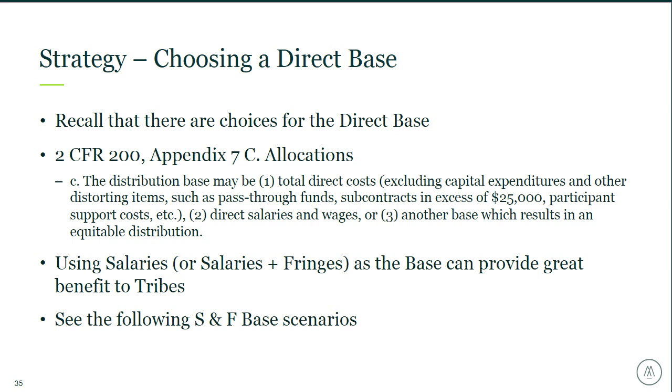But not counting the pandemic, typically salary and fringe are a consistent cost. So we don't normally see as many fluctuations if you're using a salary and fringe base. And you can also get a benefit from using salary and fringe depending on what type of funding you have. So let's go through that scenario.